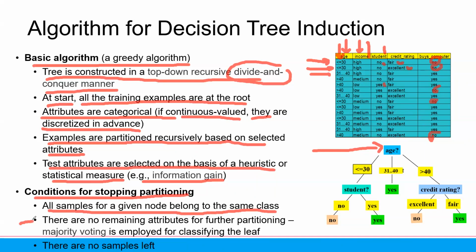Or the second condition is there are no remaining attributes for further partitioning. Or the other condition is there are no samples left. So we already selected all the samples and then finish.